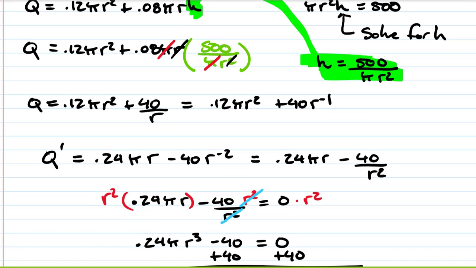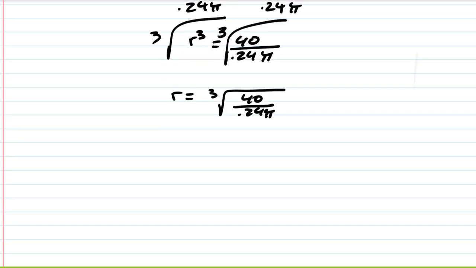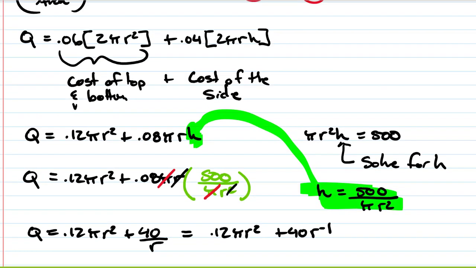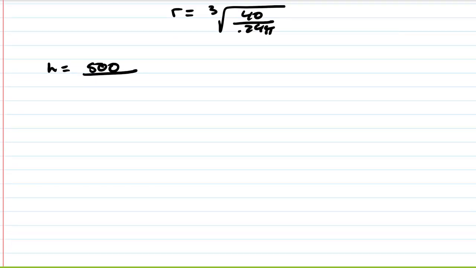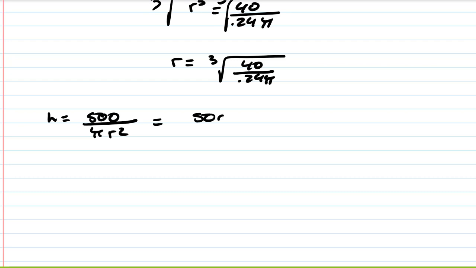To find our height, we use this formula right here. So our height, h, is 500 over pi r squared. So then we plug this in to get our exact answer, and then we'll get some approximations. 500 over pi times the cube root of 40 over 0.24 pi, squared.